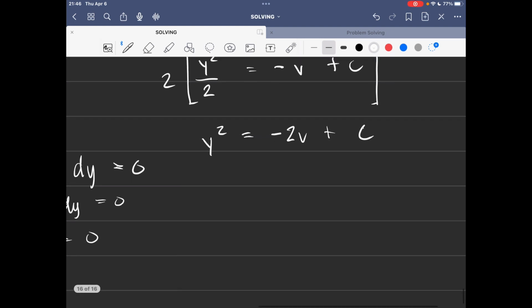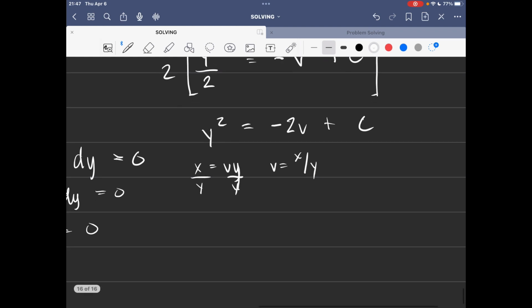Then we are going to substitute back the v. So we equated x is equal to vy. To get v, we are going to divide both sides by y, so v is equal to x over y.